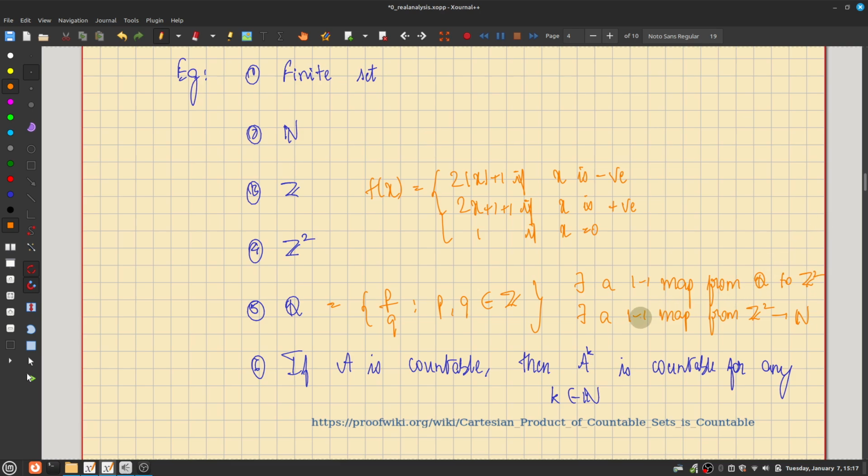But there's also a one-to-one map from Z squared to N, because Z squared is countable. If you take the composition of these two maps, that's still going to remain one-to-one, and therefore the set of all rational numbers is countable.